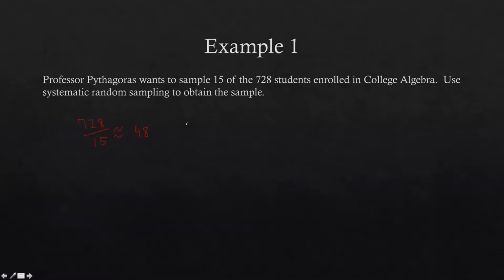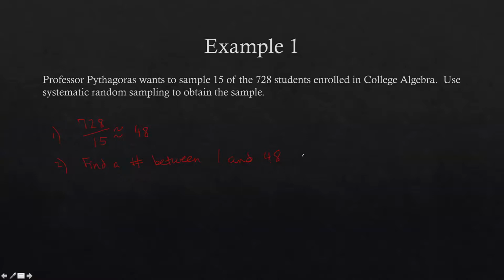Step two is to use a random number table or similar device to find a number between 1 and 48. Let's suppose that using a random number table, we got 22.